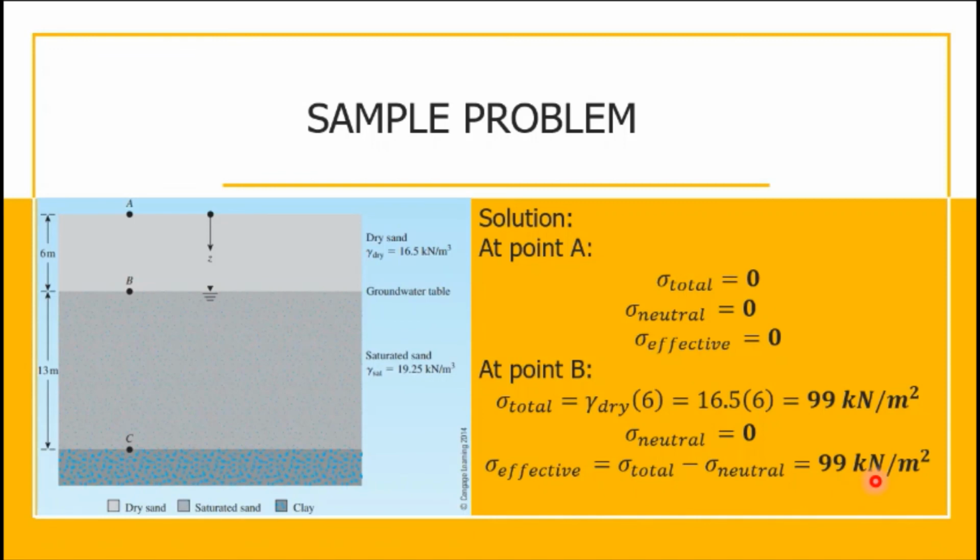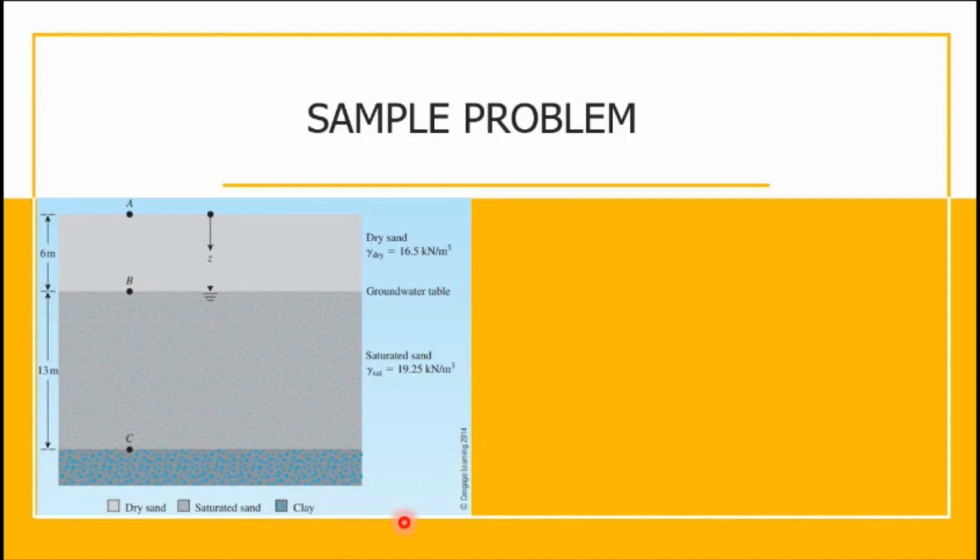And then, if we get the stress at point C, it is equal to the unit weight of this soil multiplied by 6, and then the unit weight of this soil multiplied by 13. This is the layer of the soil. So it's equal to dry unit weight times 6 plus saturated unit weight times 13.